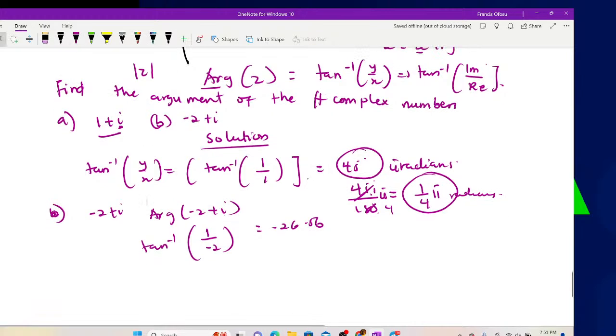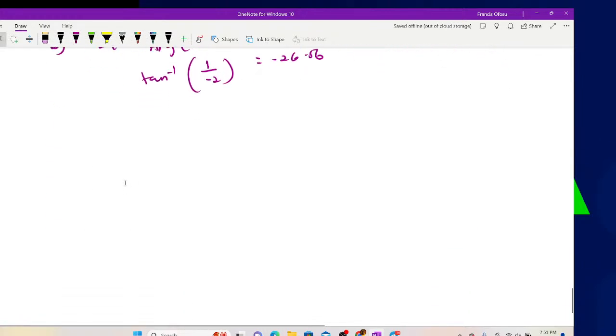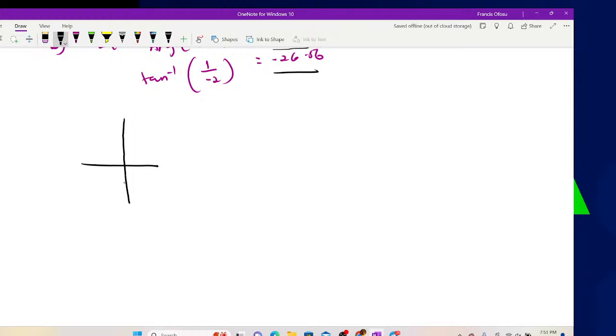So let's see. Whenever you are given a complex number to find the argument, this is the negative angle we got. If you are given any complex number to find the argument, it's advisable to represent it on the Argand diagram first so that you can effectively locate it. So this is the imaginary and this is the real axis.